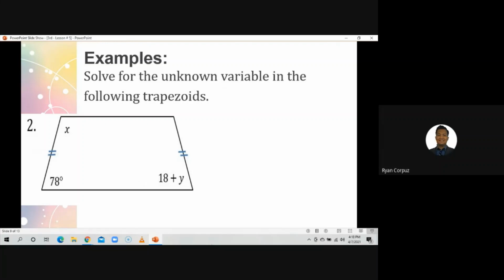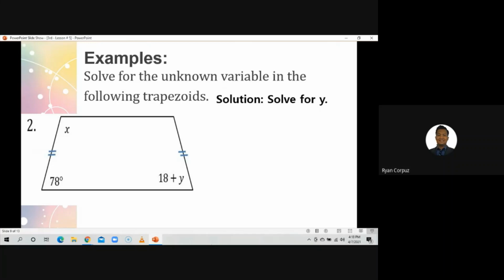So let's start solving first for the value of y by using the property which tells about the base angles of an isosceles trapezoid. Now, according to the property, base angles are congruent. So by knowing that, we can come up with a solution now for finding the value of y.